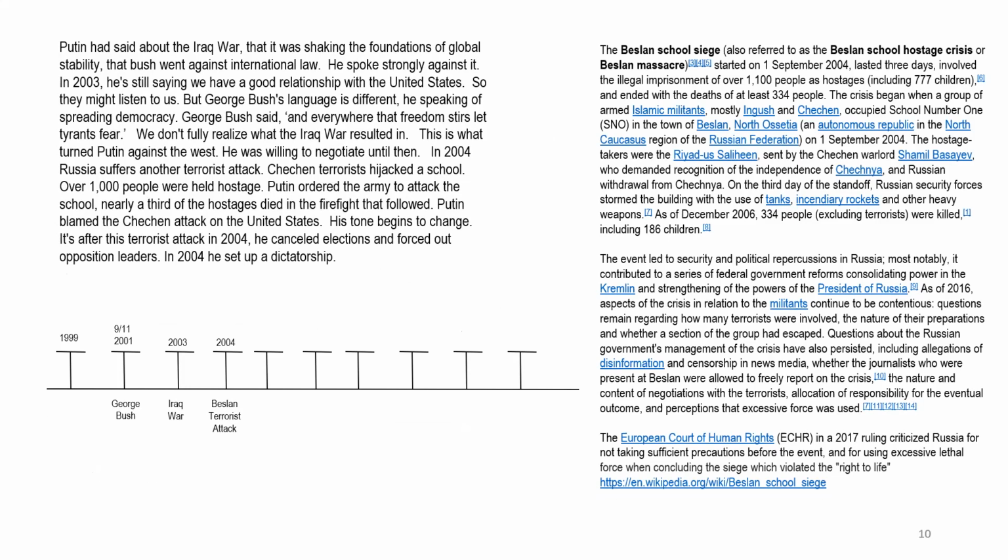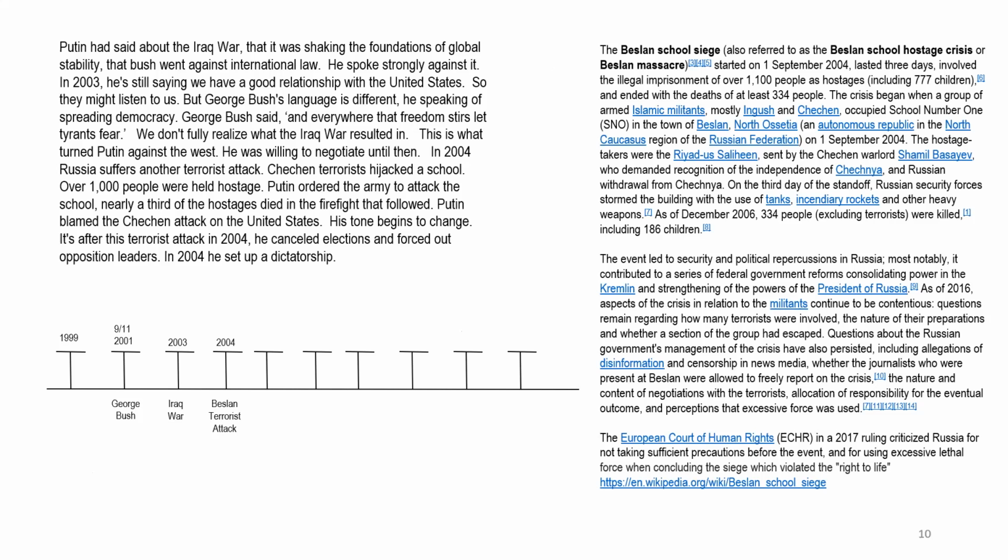Putin had said about the Iraq war that it was shaking the foundations of global stability, that Bush went against international law. He spoke strongly against it. In 2003, he's still saying we have a good relationship with the United States, so they might listen to us. But George Bush's language is different.